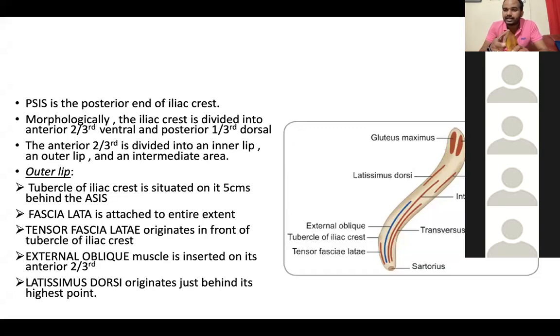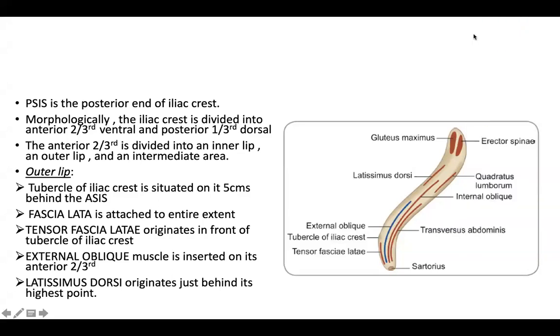This is divided into three parts: the outer lip, the inner lip, and the intermediate area. Everybody, look at this picture on the slide.